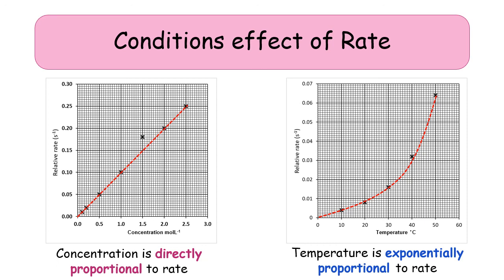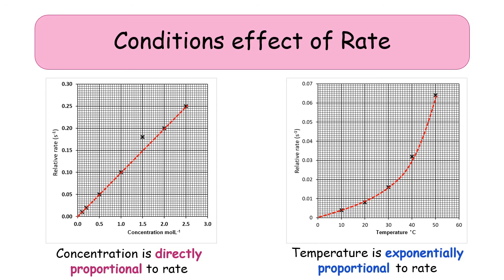This means that whenever you increase the temperature by a particular amount, the rate is multiplying by a particular amount. And usually the rate doubles for every 10 degrees that you increase the temperature. So concentration is directly proportional, a straight line. Temperature is exponentially proportional, and it's a curve.